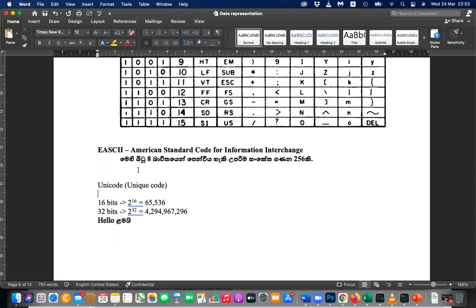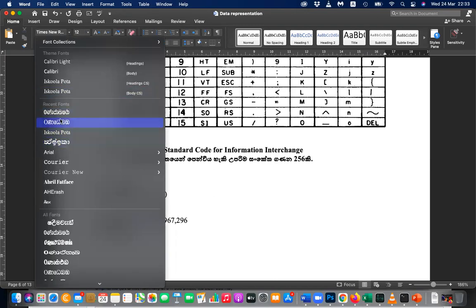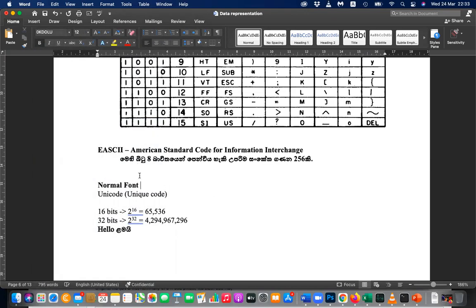Why? Because if you write in a normal font here, and I want to write Sinhala now, I have to change the font to a Sinhala font and write the Sinhala letter.